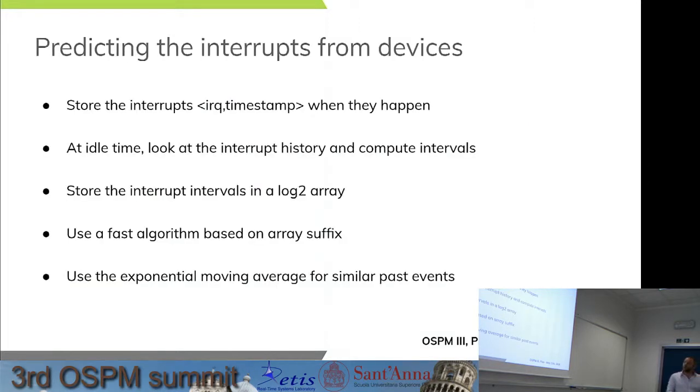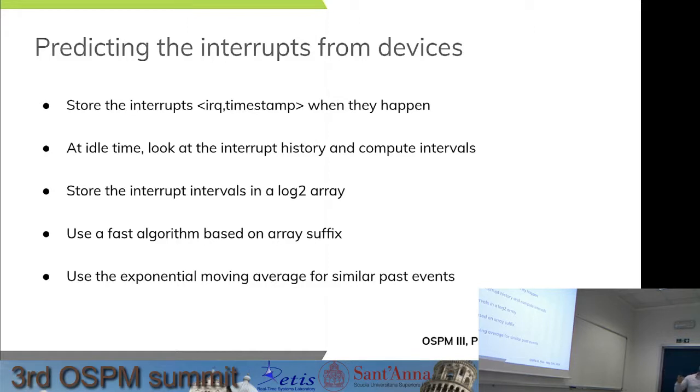In order to do that, every time we have an interrupt, we have to store the interrupt number and the timestamp associated to the interrupt in a buffer. While the system is running, every time we have an interrupt, we store that in a circular buffer. And when we go to idle, that's a different step. Let me give the lines of the algorithm.